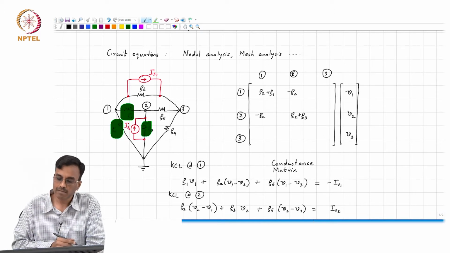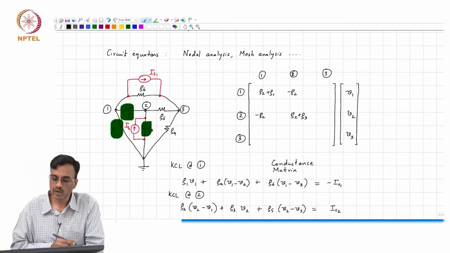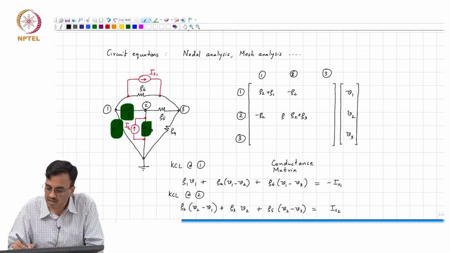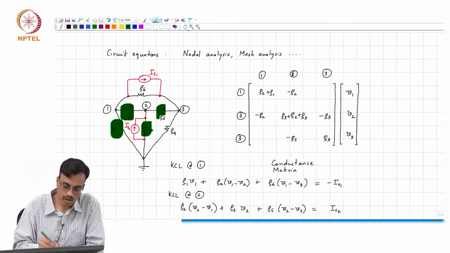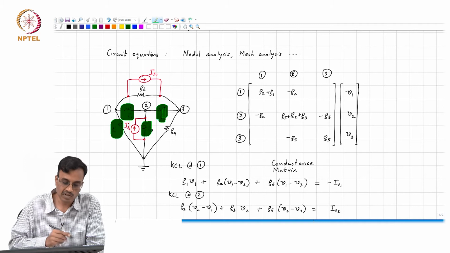What about G5? Between 2 and 3, so that is G5, minus G5, minus G5 and G5. That is done. What about G6?